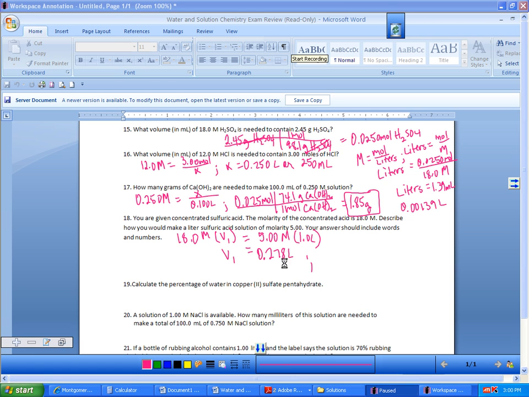Okay, now I need to tell how to do it. Okay, so I need that much, so what I'm going to do is I'm going to go to a fume hood, because sulfuric acid is very strong. I'm going to pour in some water. Probably 300 or 400 mils. Doesn't really matter.